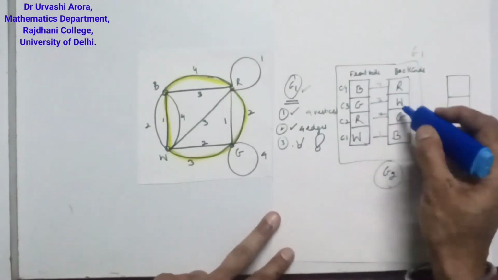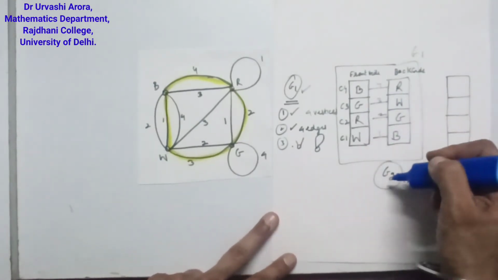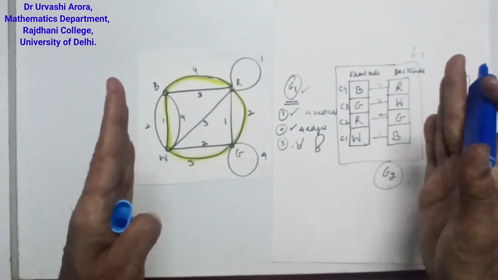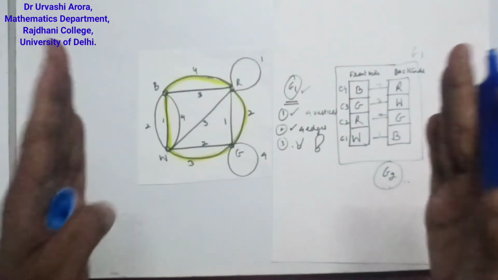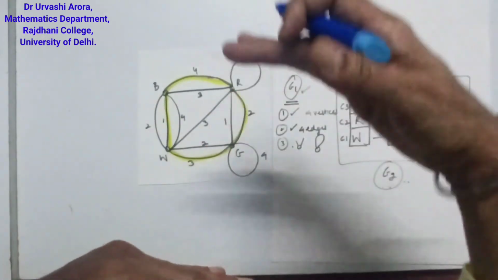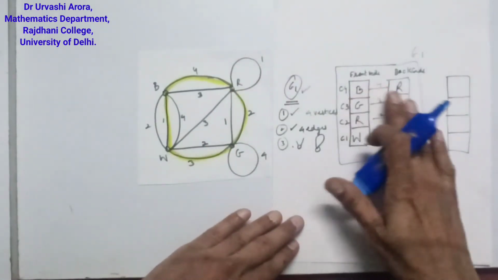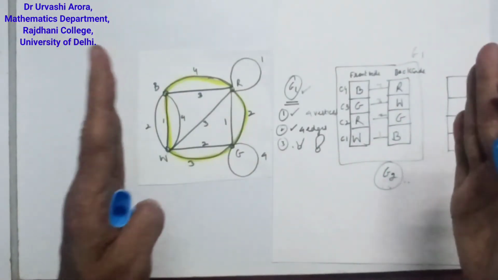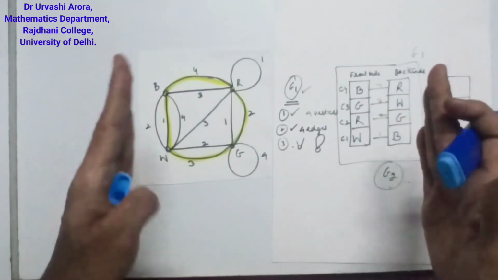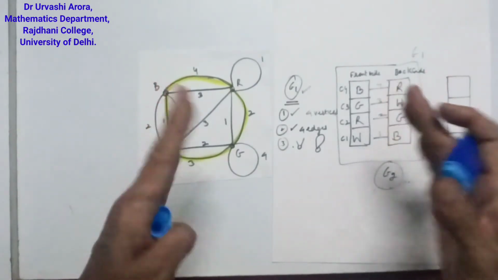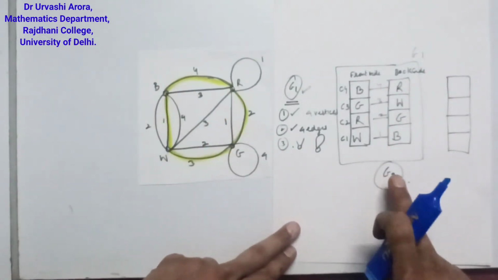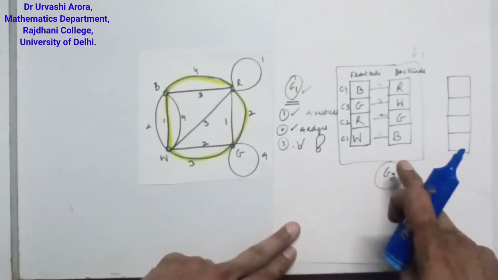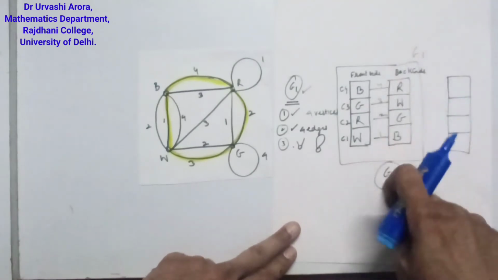Corresponding to this arrangement we have to find an arrangement for G2, because the right side and the left side will be formed after the front side and back side have been decided upon. So we have decided upon the front side and the back side. Accordingly the right side and the left side will now be decided upon how to stack the cubes by forming another subgraph G2. But G2 has to be formed in such a way that there are no edges in common between G1 and G2.